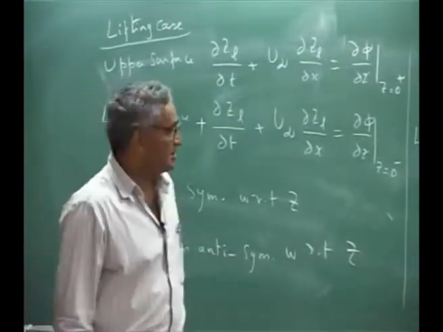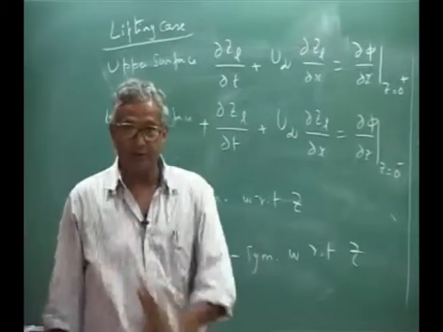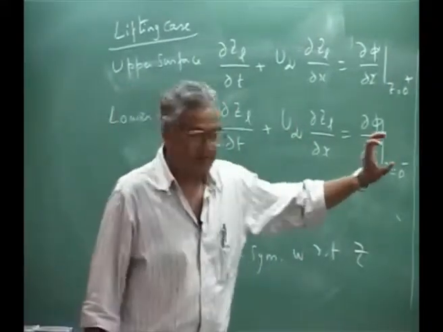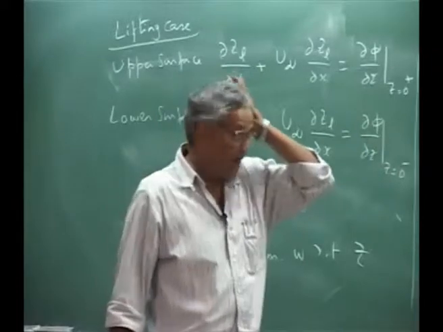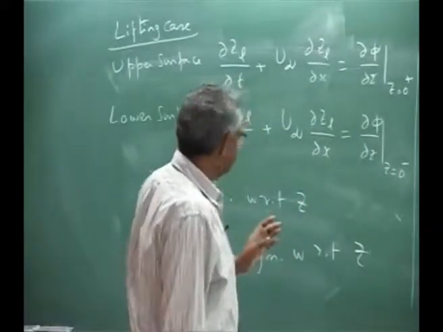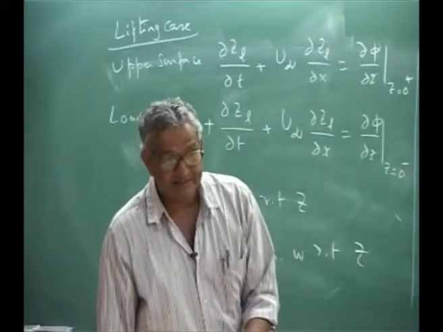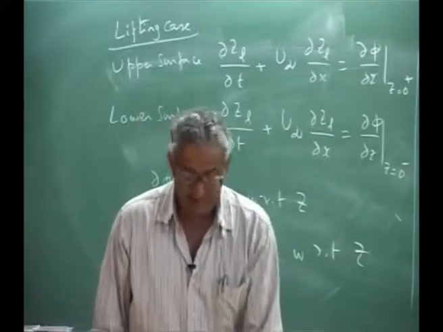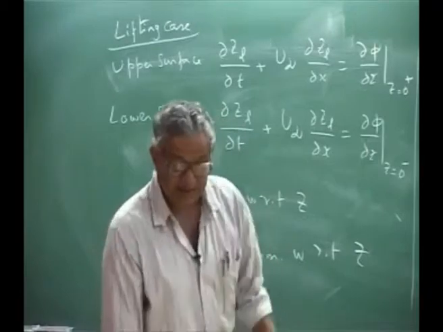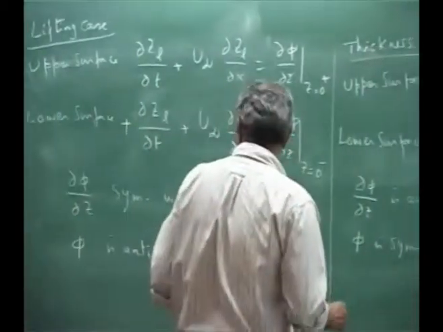Now the question is, what are the off body boundary conditions? This is on the body. Now off body boundary conditions, you have to again write it for the lifting case and thickness case, because this is essential if you want to solve the full problem.